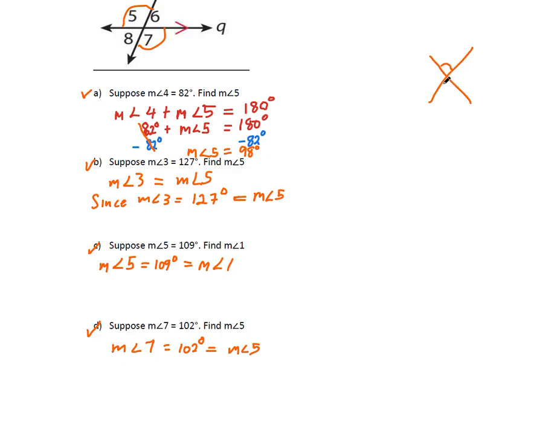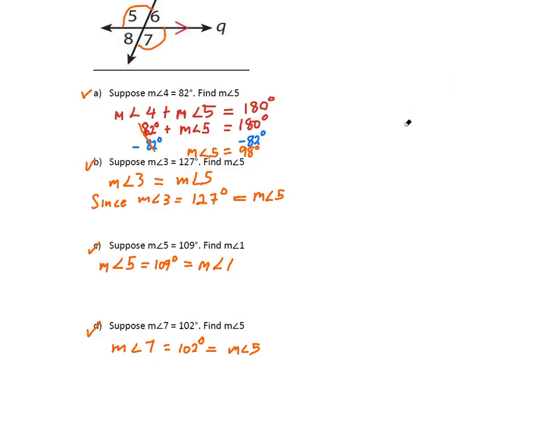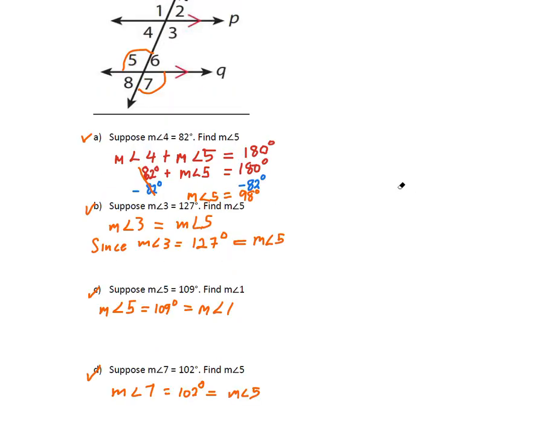This angle here and this angle here will be vertical angles. Similarly, this angle here that I'm drawing using the dotted line would be a vertical angle for this angle. And vertical angles have the same measurement. They are congruent. So angle 7 here, guys, is equal to angle 5, which is equal to 102 degrees because they are vertical angles which are equal.